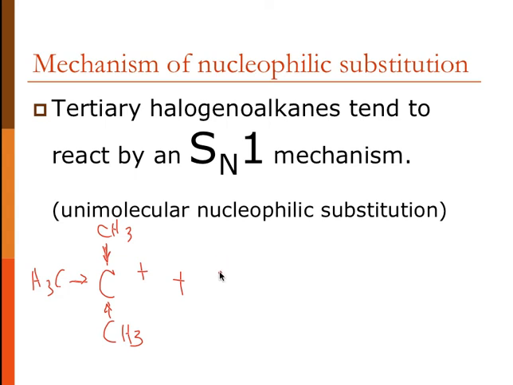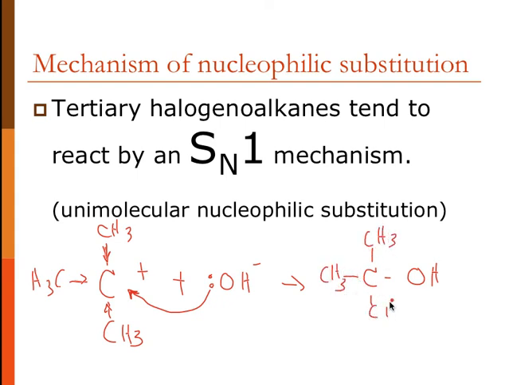Then I have my nucleophile that would be coming and with the curly arrow showing where the electrons are going to go. After the reaction, I will form the alcohol. This is fast, so it's not rate determining, it's determined by the first.